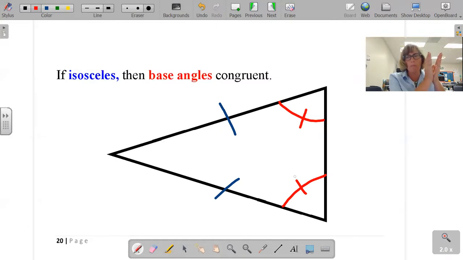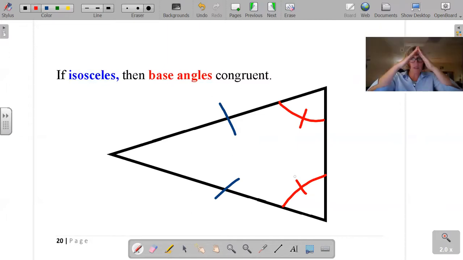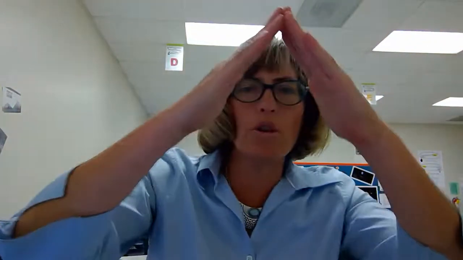So here's a simple premise. If you have two equal sides, make your arms like this, two equal sides, then you automatically have two equal angles, like at your elbows. Do this with your arms.